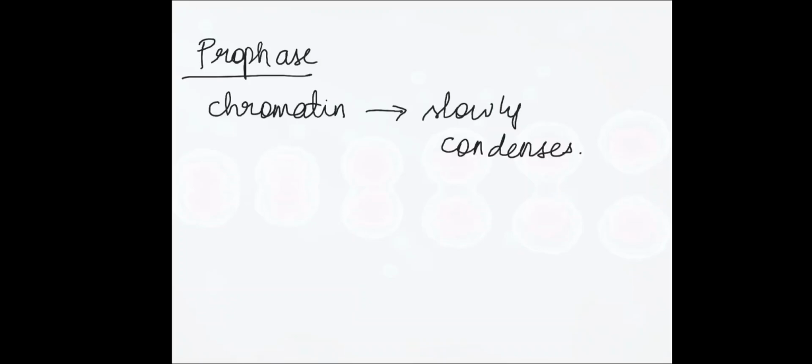Here in prophase the chromatin which was diffused in interphase gets slowly condensed into well-defined chromosomes. Each chromosome has been duplicated during the preceding S phase and consists of two sister chromatids.